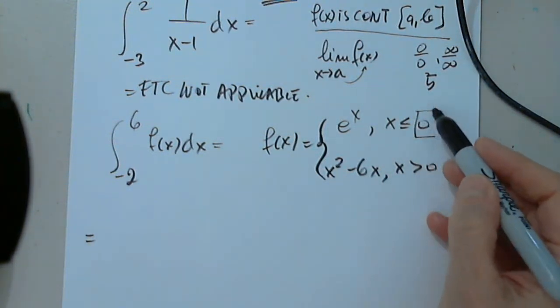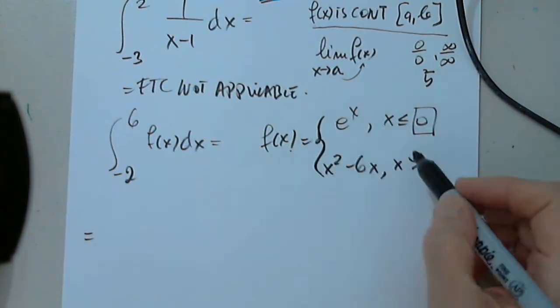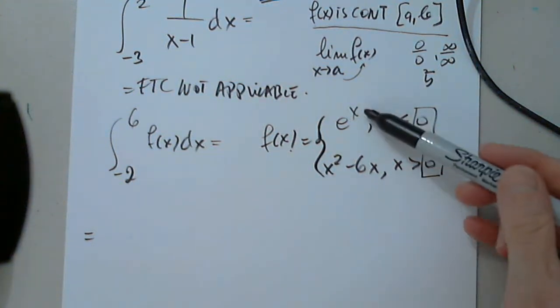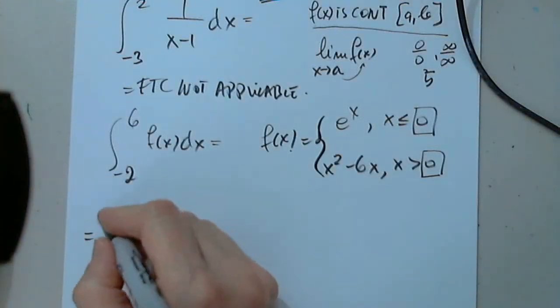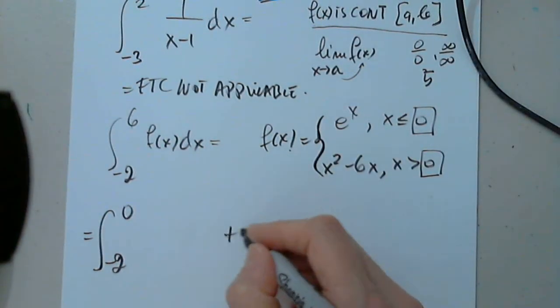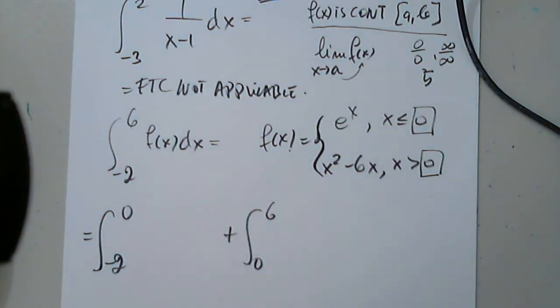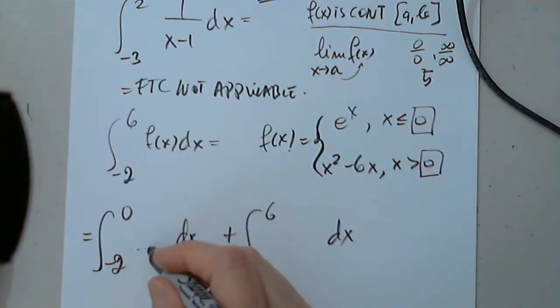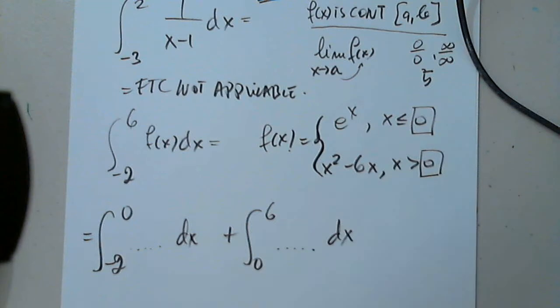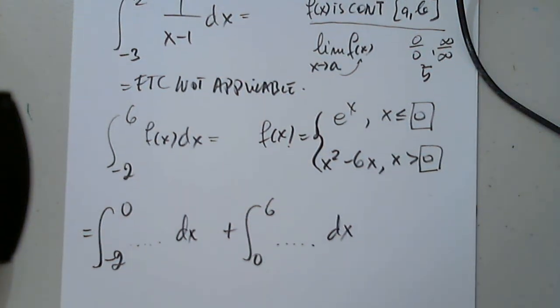As you see, this function changes from this to this at 0. So therefore, we have the integral from -2 to 0 plus the integral from 0 to 6, of course dx. The question is, what do I put here and what do I put here? Any suggestions?